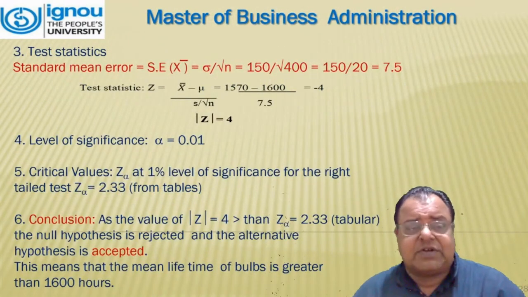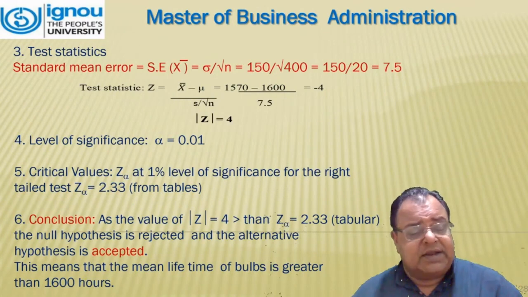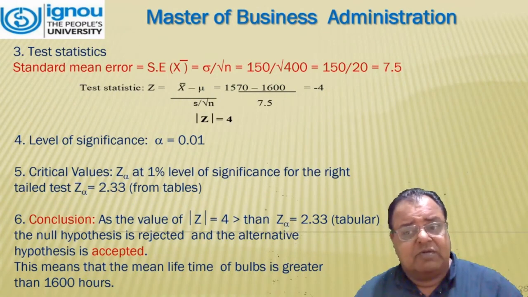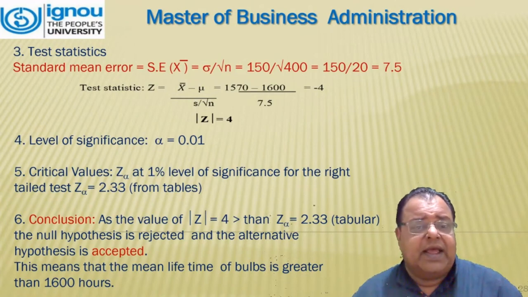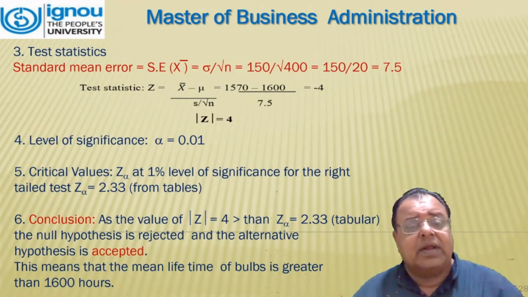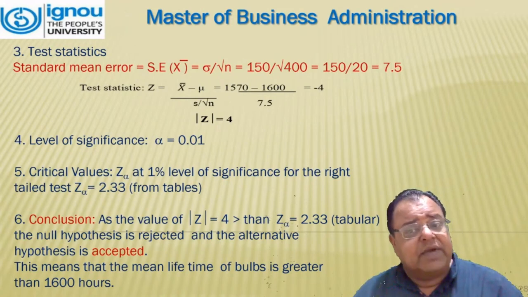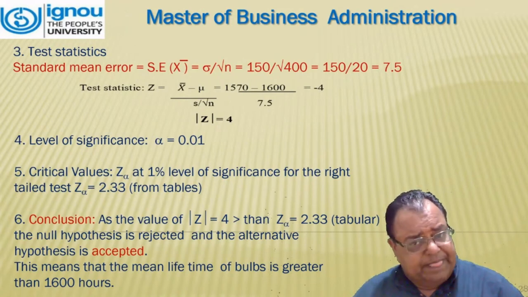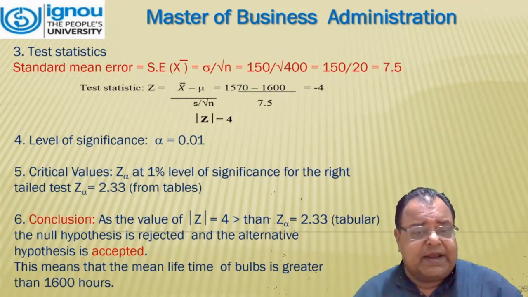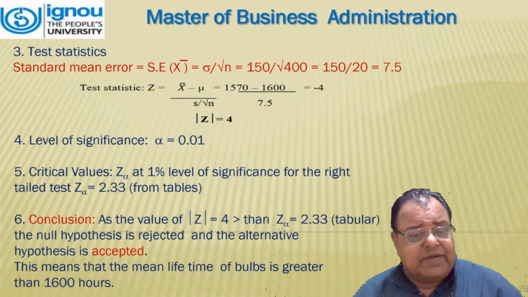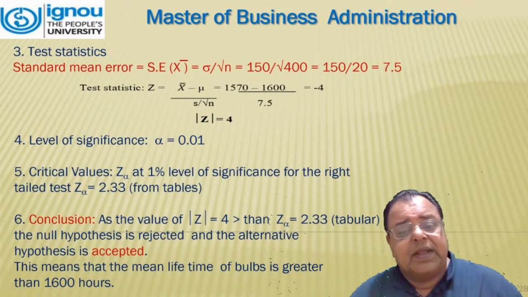First of all, we have to calculate the standard error, that is sigma upon root n, which comes out to be 7.5. For the Z statistic, x bar minus mu upon s by root n, we get negative 4. Taking the modulus value as 4, we will be eliminating the negative sign. The level of significance is 0.01.